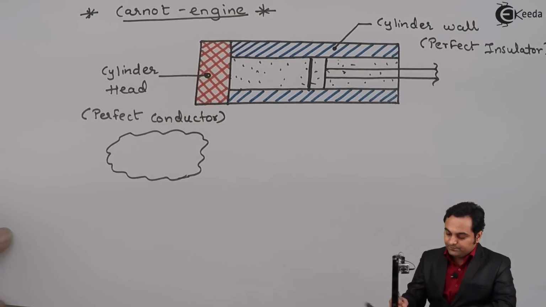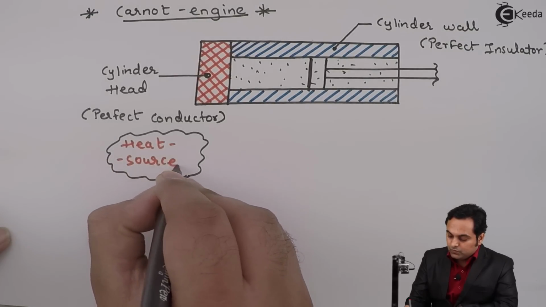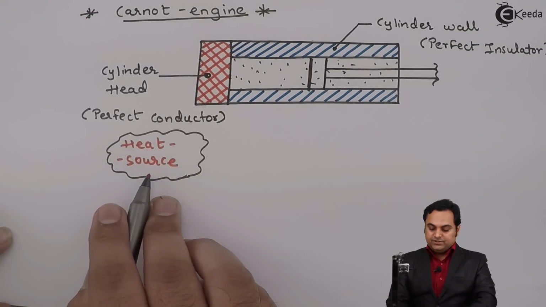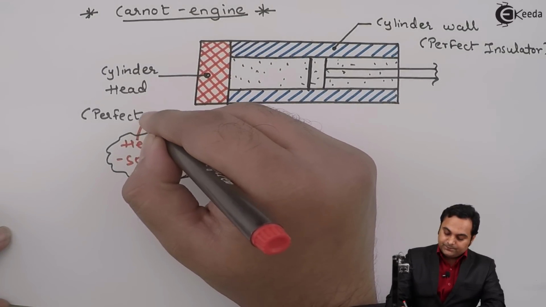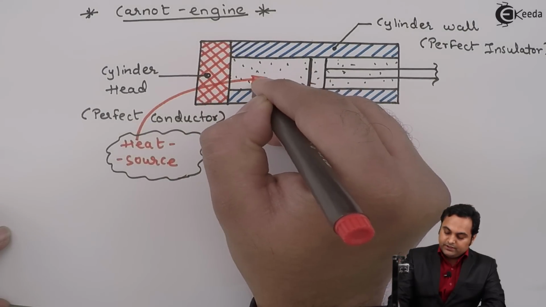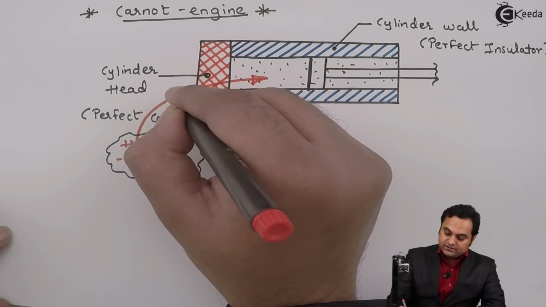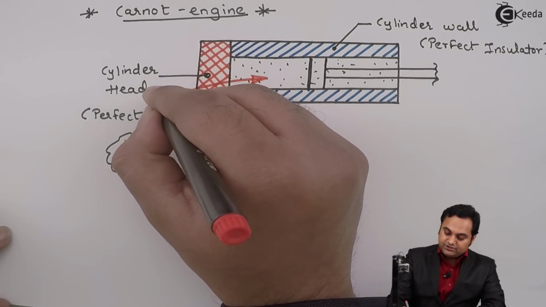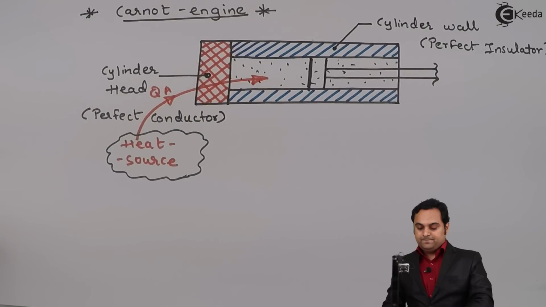Here we have the heat source, which will be at high temperature. That heat source will be giving heat to the air inside the engine through the perfect conductor, and this is the heat addition process taking place inside the Carnot engine.